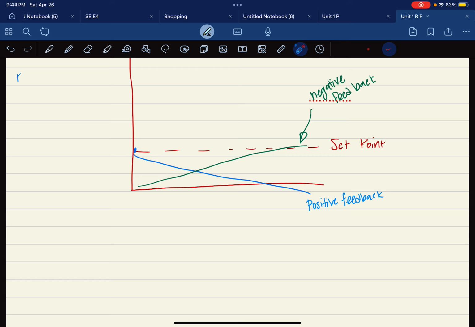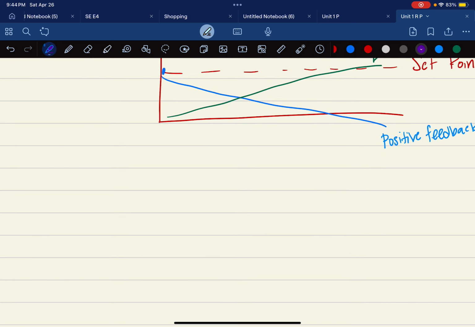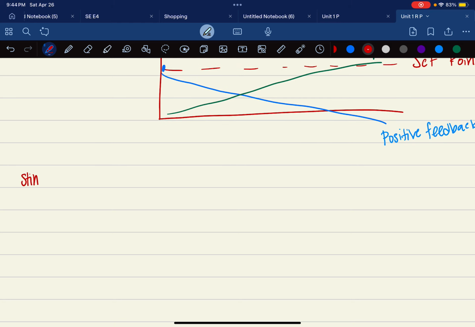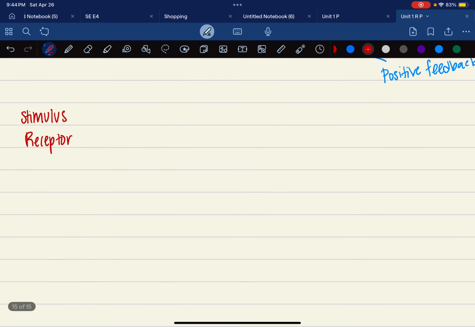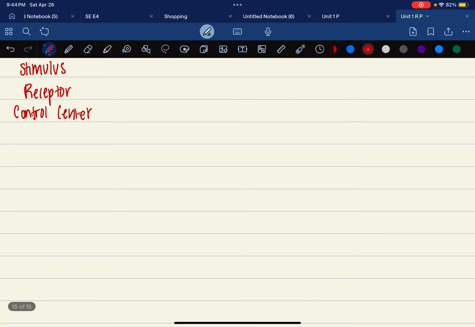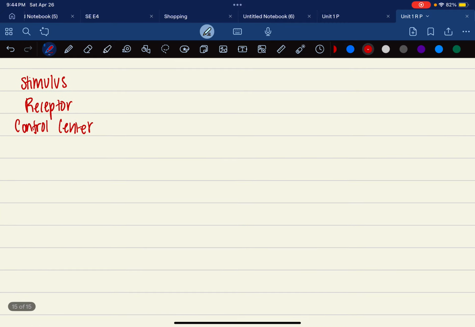And so there's different things that are happening, and I'm going to label them. So we have a stimulus, this scenario, a receptor, control center, effector.